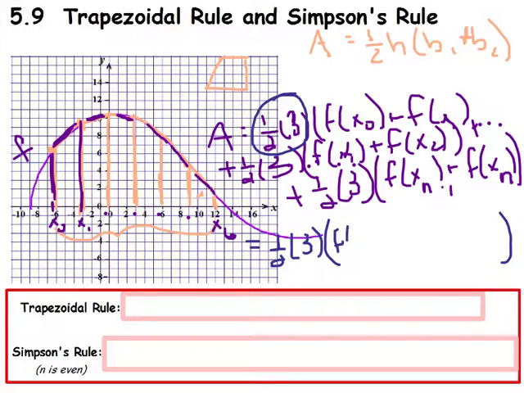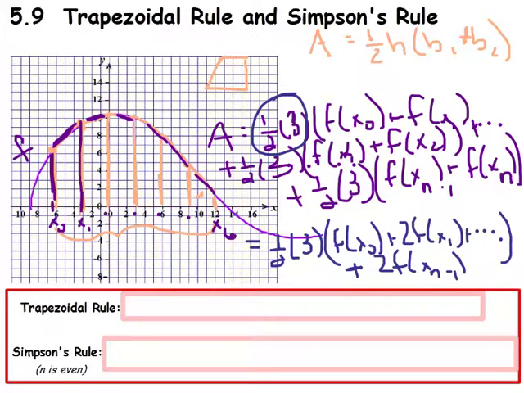You would have one of these x sub 0s plus 2 of the f of x sub 1s plus 2 and so on. Then we would have 2 of the second to the last one. I guess I could be calling this one x sub 5. And then 1 of the x sub 6, because I'm going to write the actual formula down at the bottom.